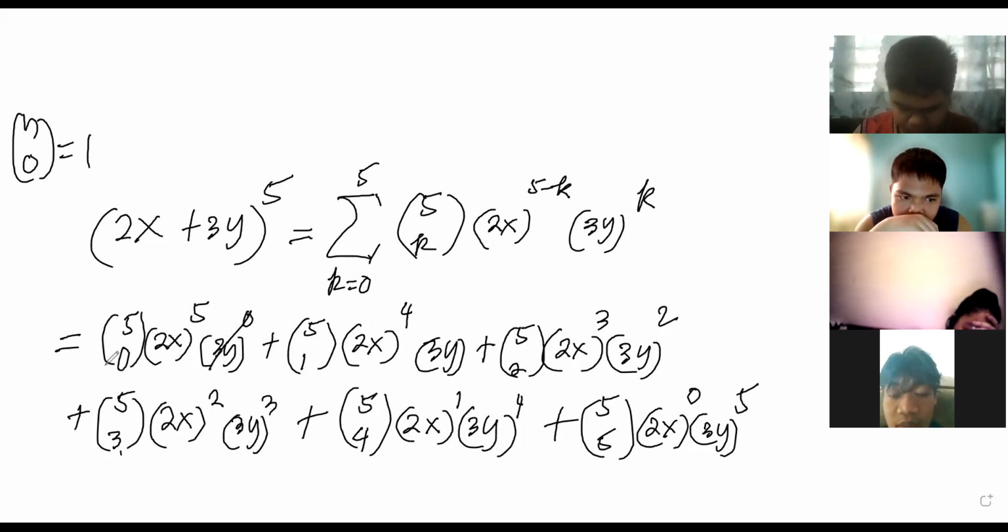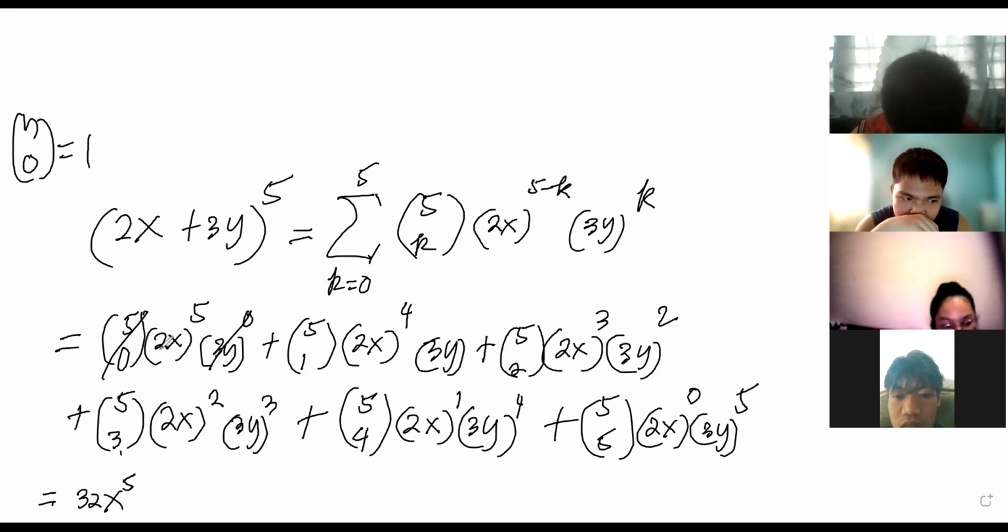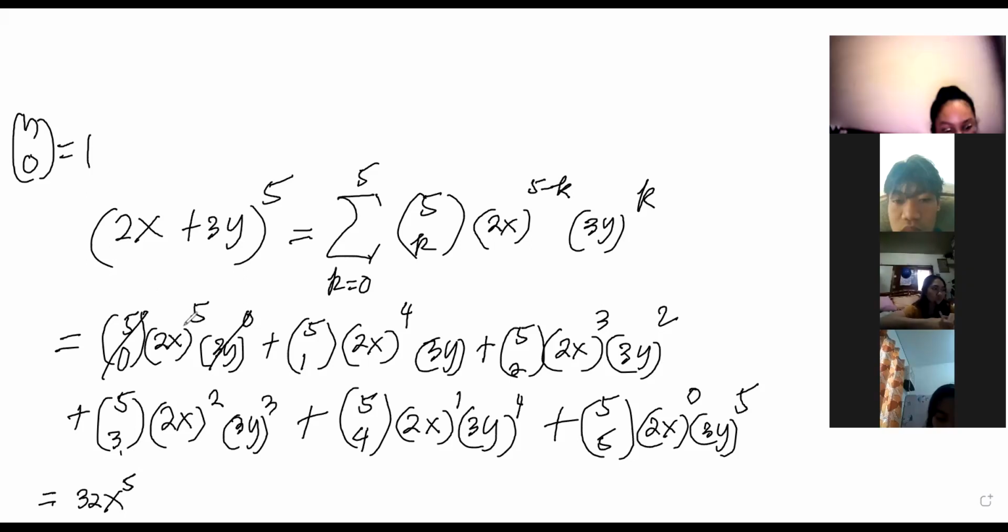This is also 1. So your answer here, what is 2 raised to 5? 32. 32x to the power of 5. Very good. It should be 32x raised to the power of 5, because 2 to the power of 5 is 32.